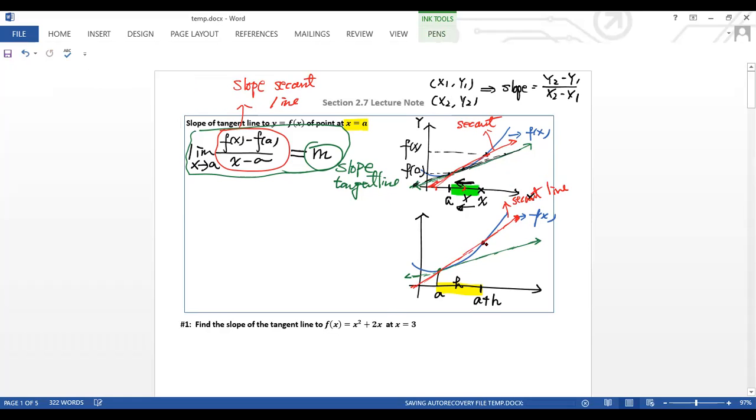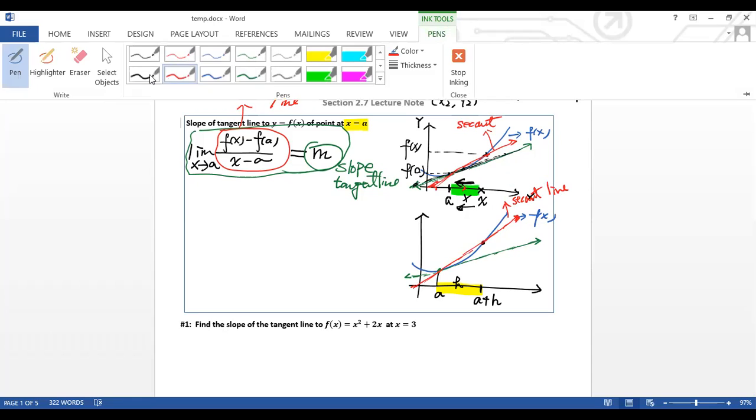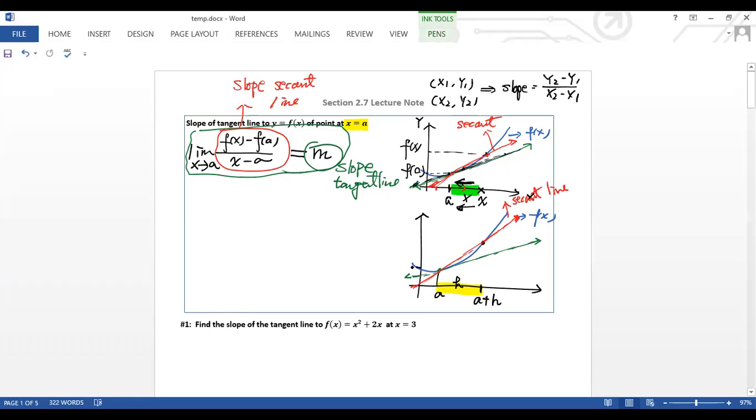And for this second line, this point gives me f of a. What does this point give me? f of a plus h, right? So for the second line, I can also find the slope. What is the slope of the second line?